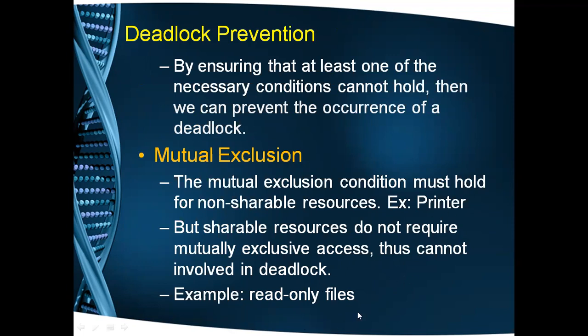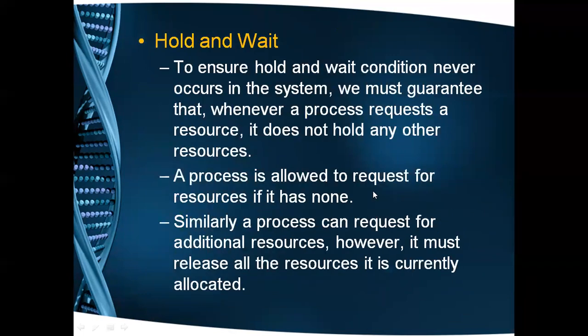Read-only files can be used by any number of processes because all the processes are only going to read the content of the file. So these are called shareable resources. But a resource like a printer cannot be used by all the processes at the same time. So this is a non-shareable resource, and these types of resources need the mutual exclusion condition.